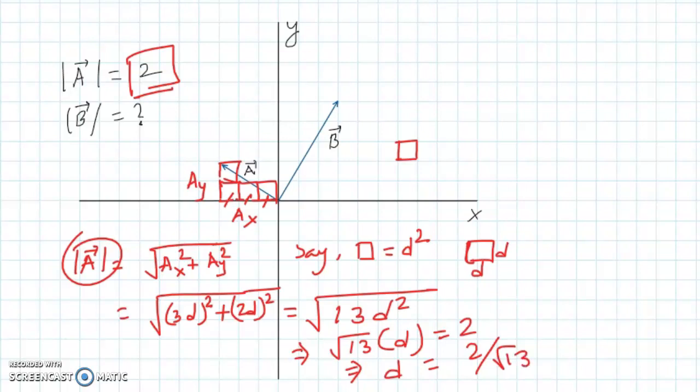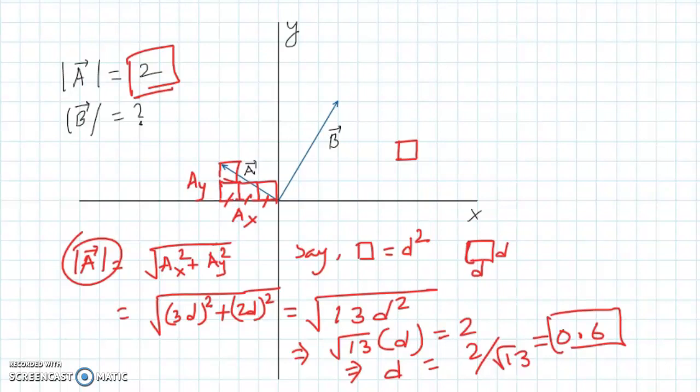If I press my calculator, 2 over the square root of 13 is about 0.6. I'll consider up to 1 decimal point, so the value of d is 0.6.